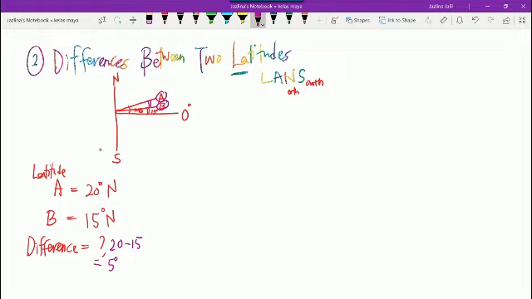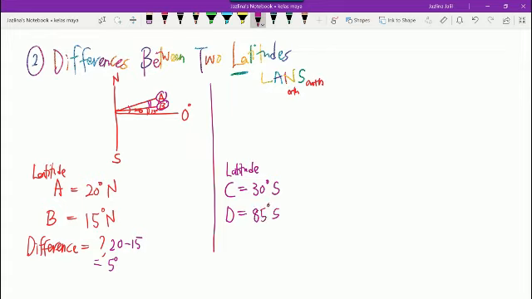And then now, second question. Latitude of C equals to 30 degree south, and D will be 85 degrees south. So how are you going to do this? Latitude means T terbalik. Okay, so be T like this.